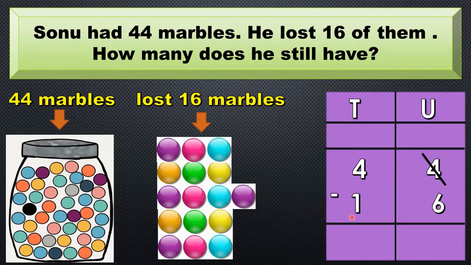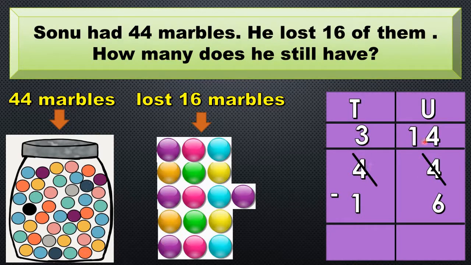So, first we will see the units place. Here 6 is more than 4. Then what do we do? Yes, borrow one from the tens place. So 4 goes up and then we borrow 1 ten.